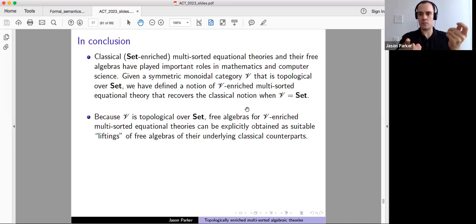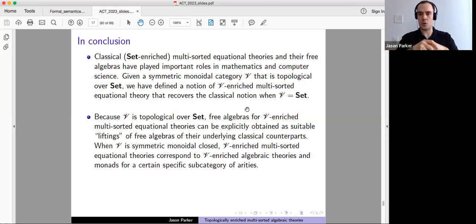Because V is topological over Set, and this assumption is crucially used, free algebras for these V-enriched theories can be explicitly obtained as suitable liftings or augmentations of free algebras of their underlying classical counterparts, which, as we've seen, can be obtained as term algebras, loosely speaking.